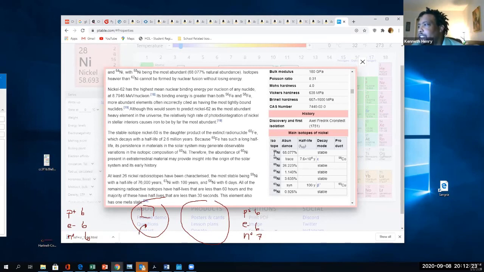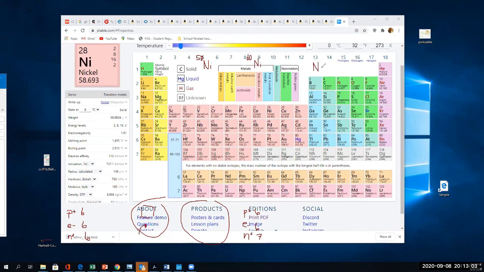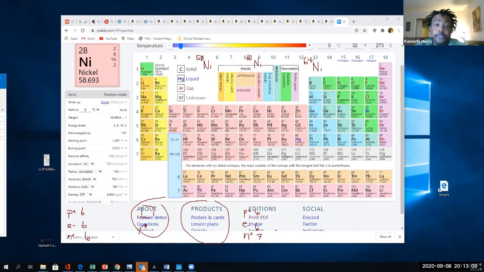We'll do nickel-58, nickel-60, and nickel-64. These are three different isotopes of nickel.